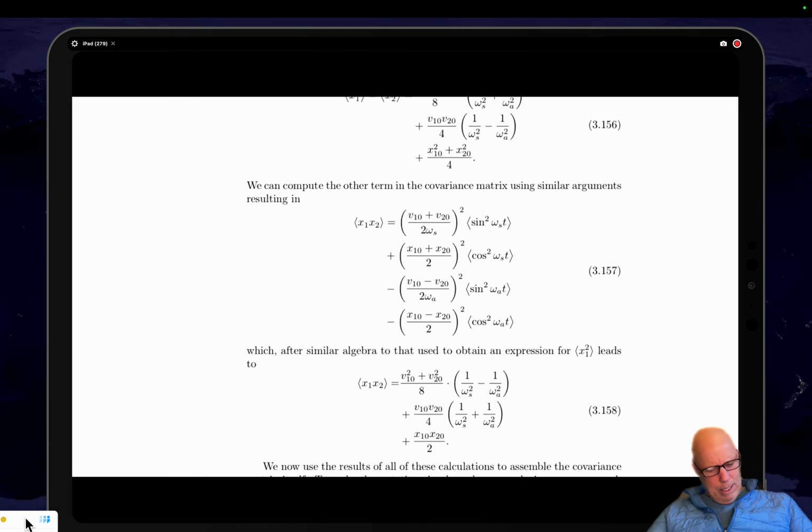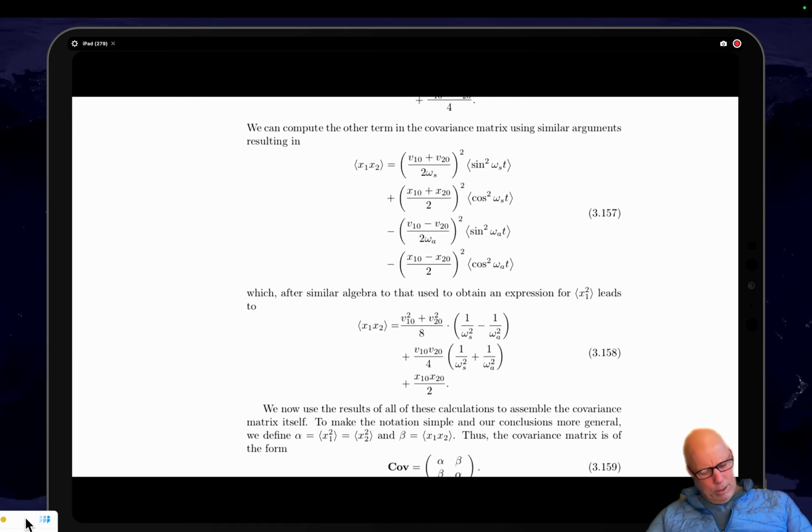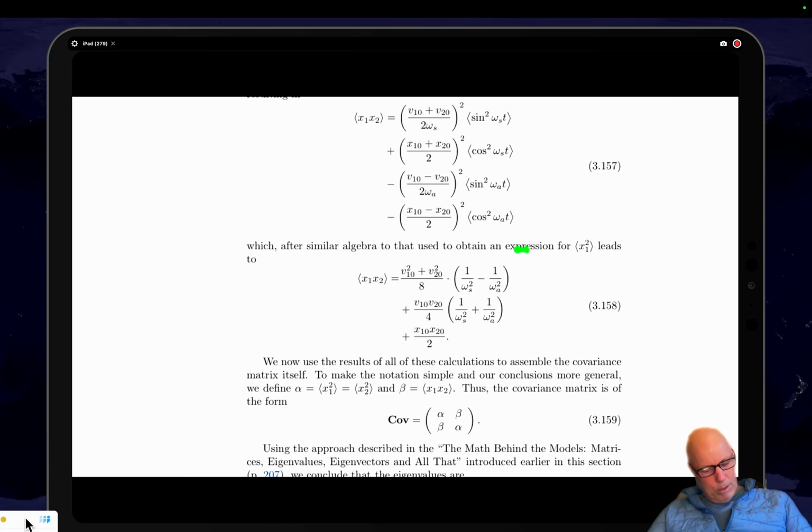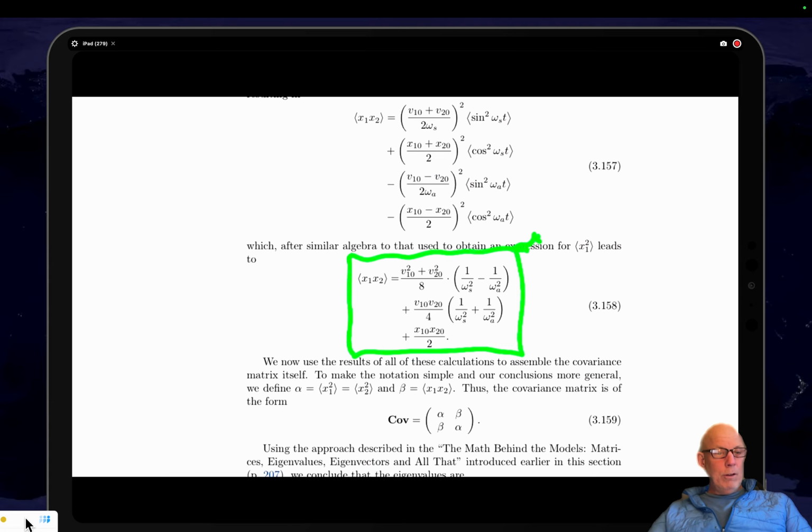Similarly, we can work out the off-diagonal terms, and those also can be resolved analytically. Here's that result. Very interesting.